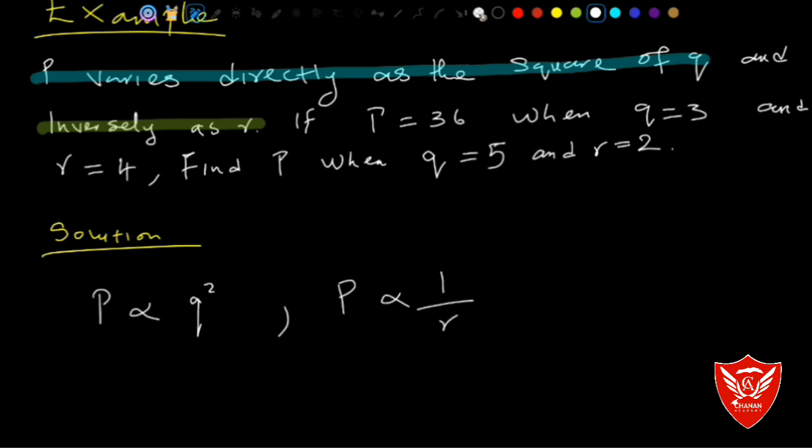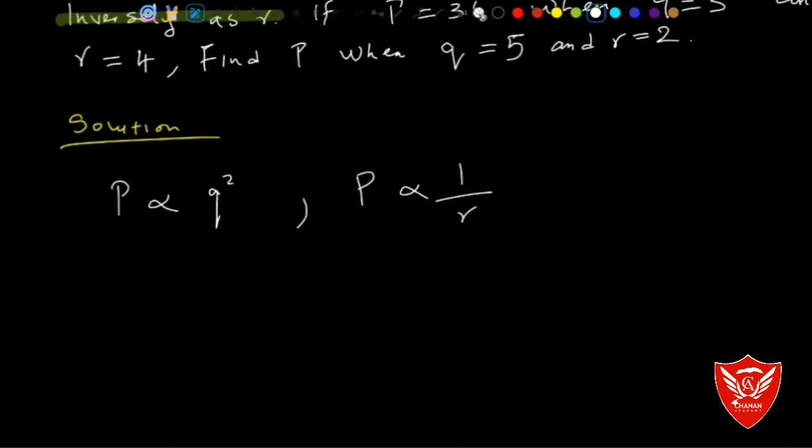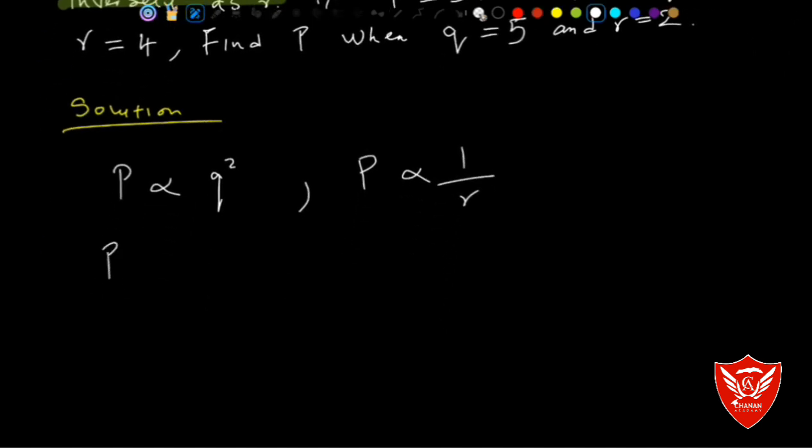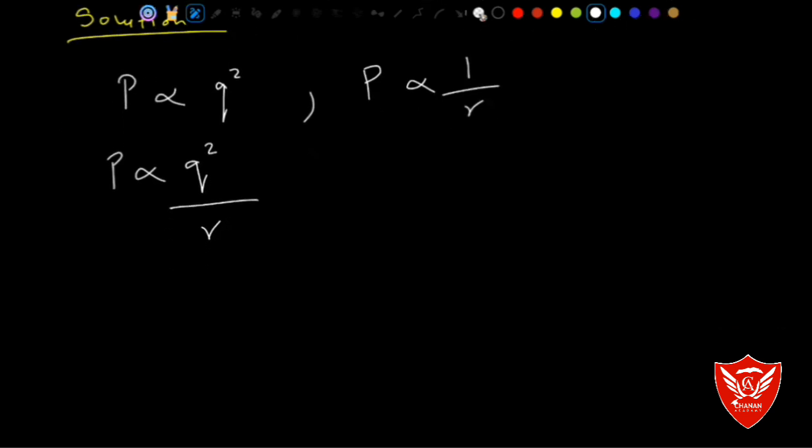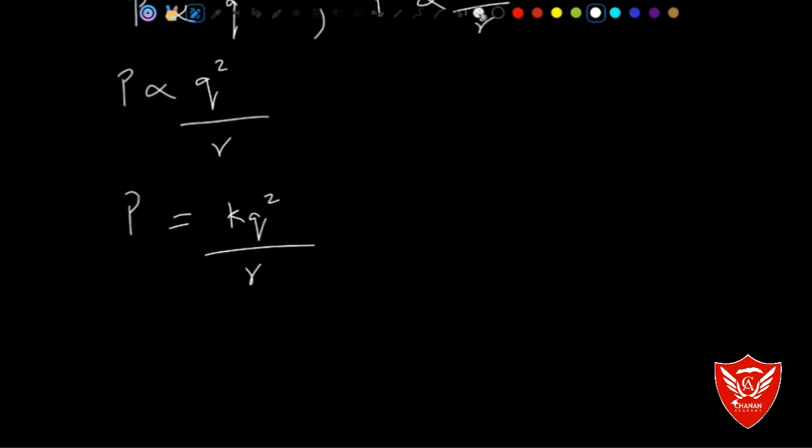These are the two variations. So let's join them together. If I join them together, it simply means that p varies directly as the square of q and inversely as r. And when we introduce the constant of proportionality, we have that p equals k multiplied by q square all over r. So this is the relationship.